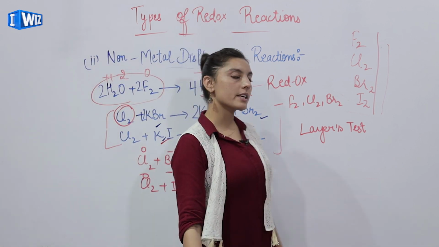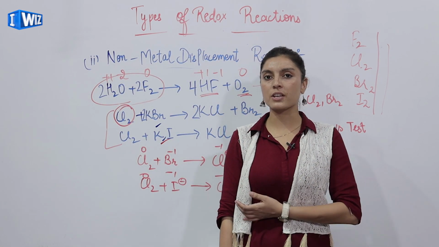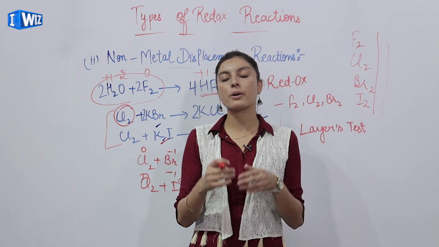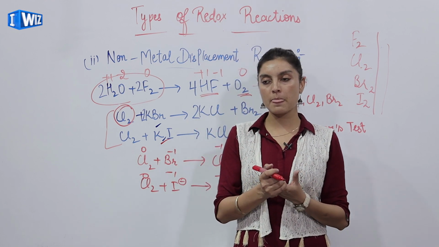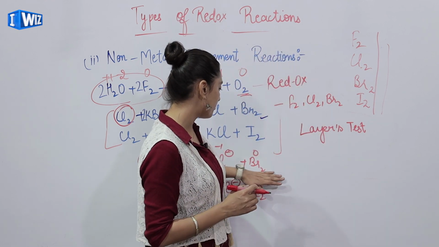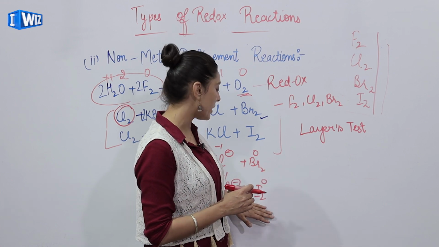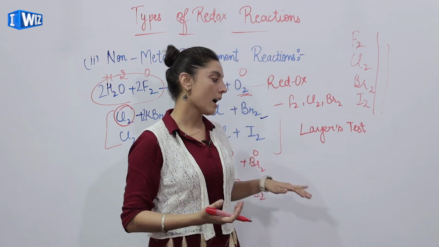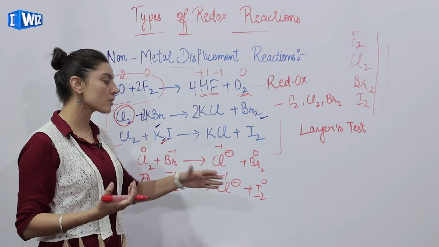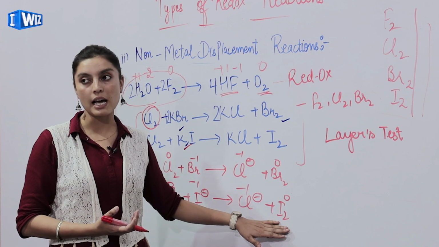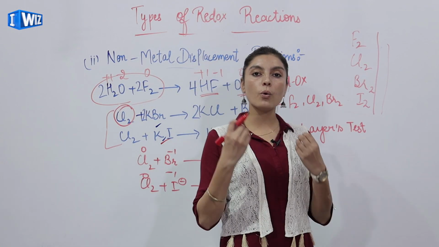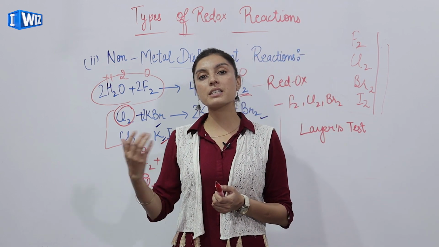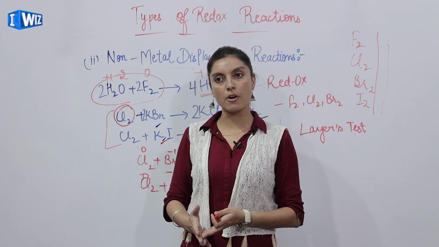Now the layer test is so called because in the laboratory this reaction is very important when we have to find out which ions are present or which non-metal is there. When we have to do the test for bromine and iodine, this is important since bromine and iodine have their own different colors, and this reaction involves the release of elemental bromine and elemental iodine, so they will have their own colors, and it is very easy to identify when the elements are liberating their colors, whether they are present in the solution form or in the gaseous form.